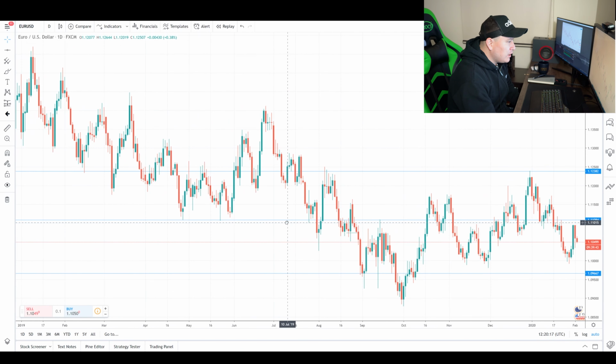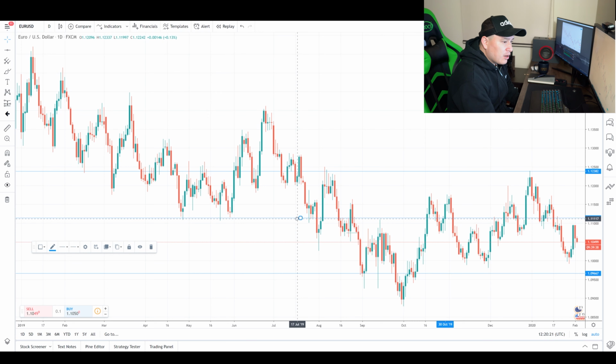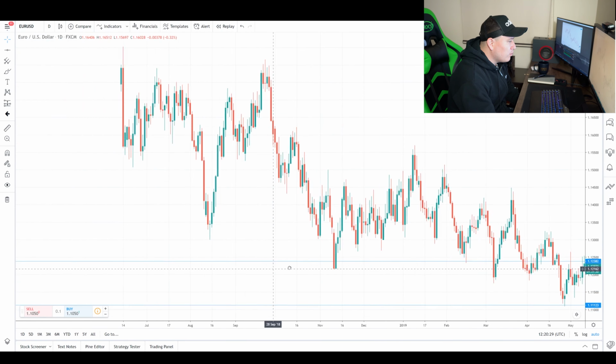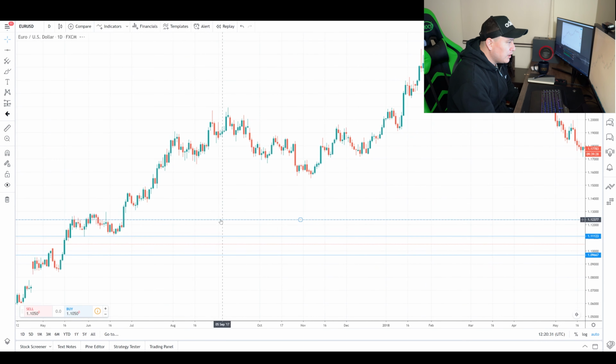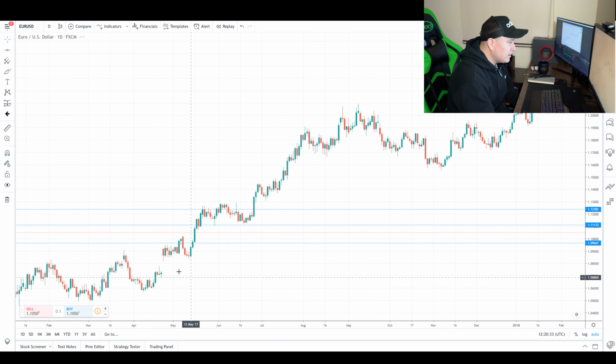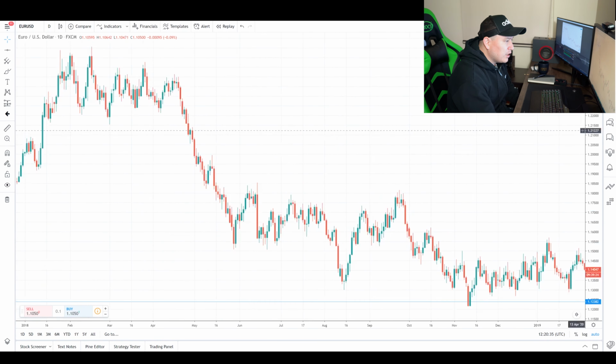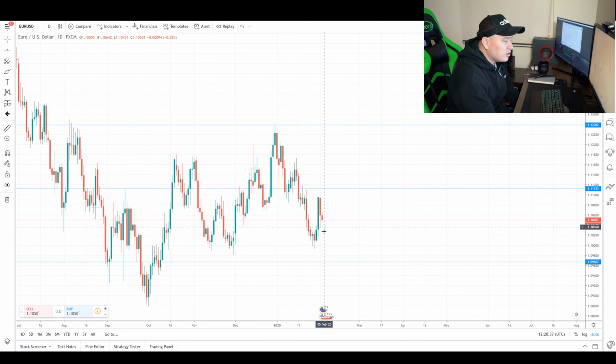So what we see is this. I would even say it's a little bit up around right here. There you go. And we go back a little bit in order to see if it has been respected. Here it was. Okay, yeah, it is a good support and resistance. So now these are the levels that you need to be looking at, okay?